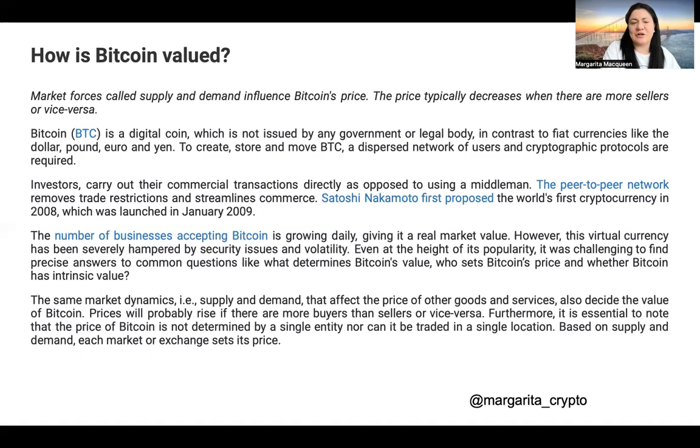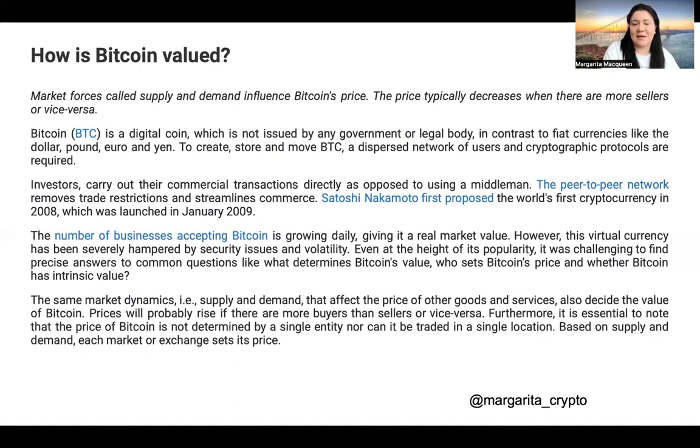However, this virtual currency has been severely hampered by security issues and violations. Even at the height of its popularity, it was challenging to find precise answers to common questions like what determines Bitcoin's value, who sets Bitcoin's price, and why Bitcoin has a value, right? I mean, we've been kind of questioning.